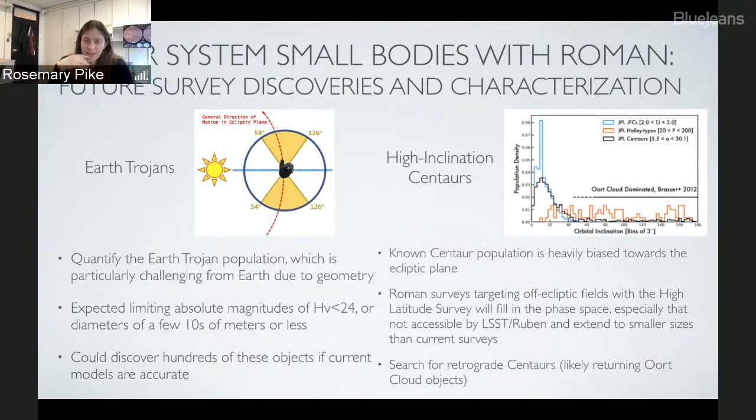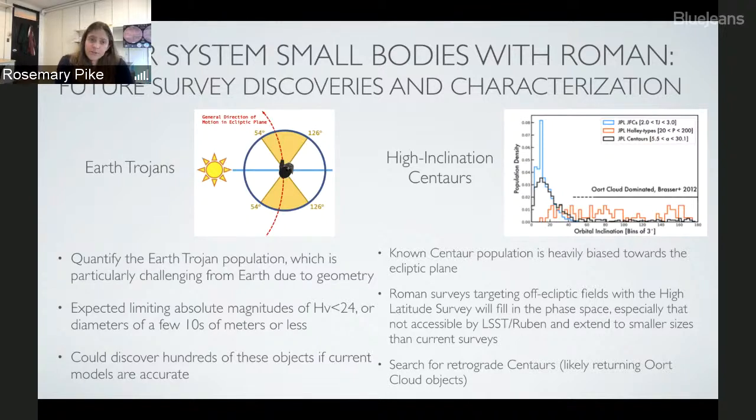So these are at the Lagrange points of the Earth orbit and can actually be stable for the age of the solar system. And there are only 2 known, but we could actually discover hundreds of objects with the Roman telescope in the Trojan points. Another really exciting population that we could discover a lot of things in is the high inclination centaurs.